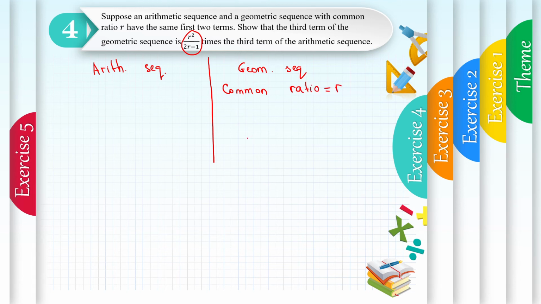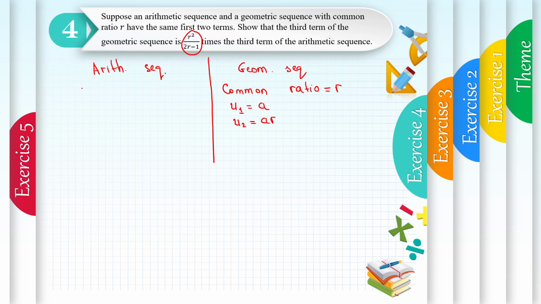Also, we have the information that the first two terms of our geometric sequence are also the first two terms of the arithmetic sequence. So if u sub 1, let's denote it by a, is the first term of our geometric sequence, u sub 2 in this case will be ar, because r is the common ratio.